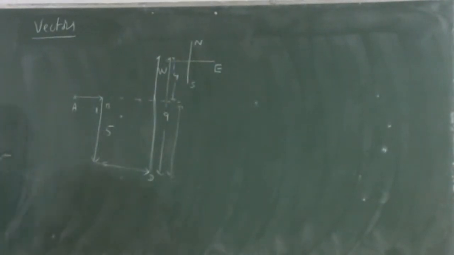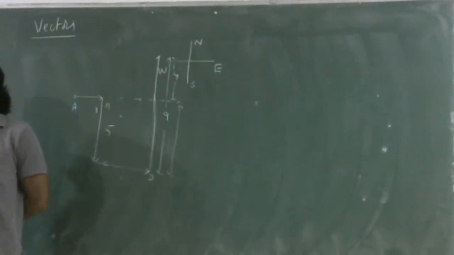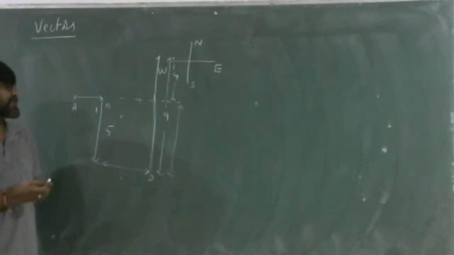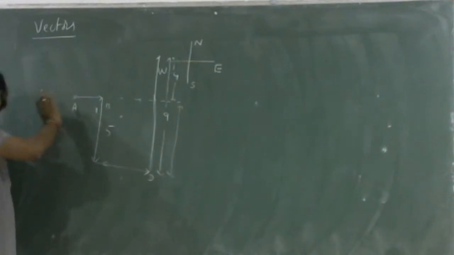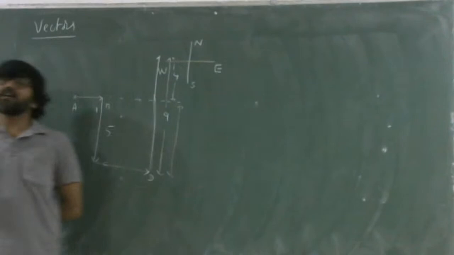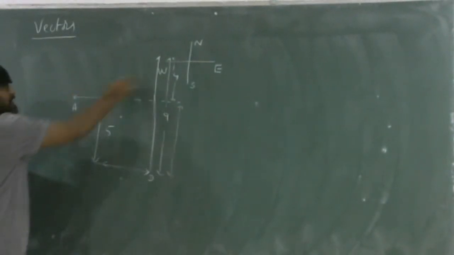Now his displacement is the question. What we have to understand is these are different vectors. We are asked to find the resultant. In this kind of scenario, you have to find the final displacement vector. Displacement is nothing but the shortest distance between initial and final positions. So this is the initial position, this is the final position.